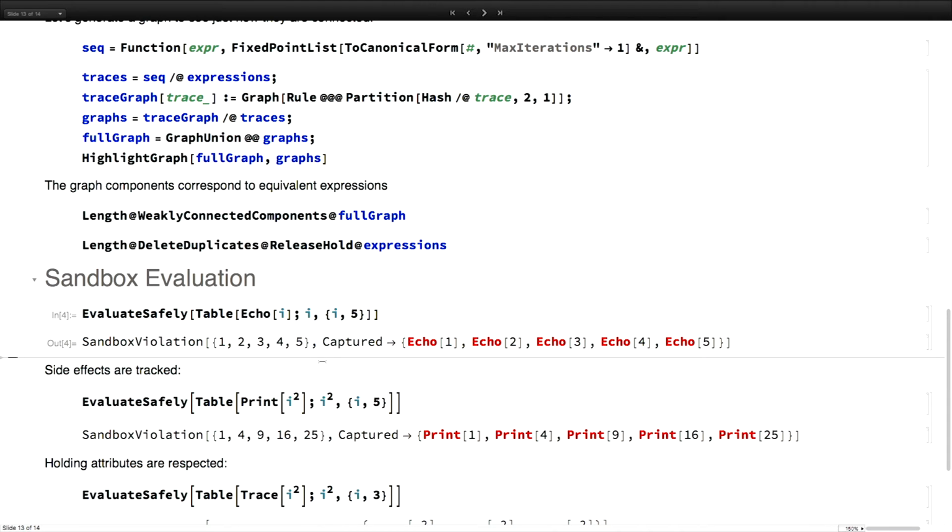So that wouldn't show up in the output at all. But you wouldn't want that expression to be equivalent to just range of 5, because it does do this extra stuff.